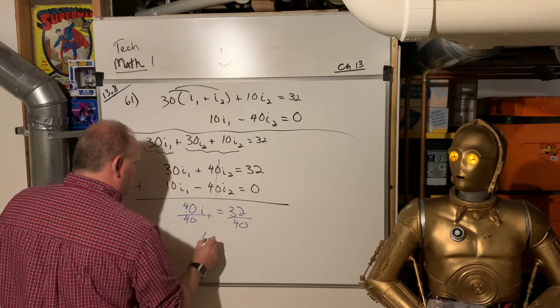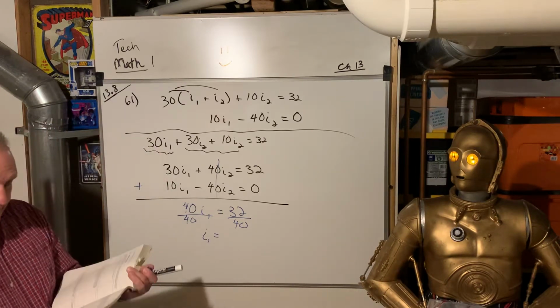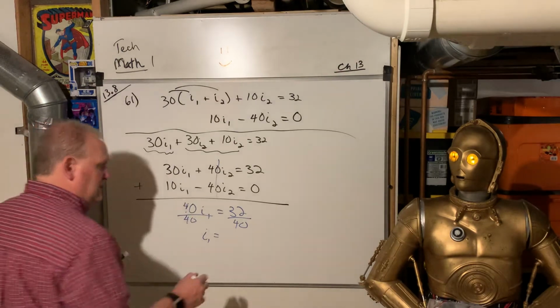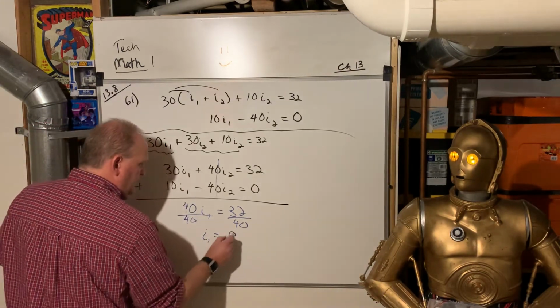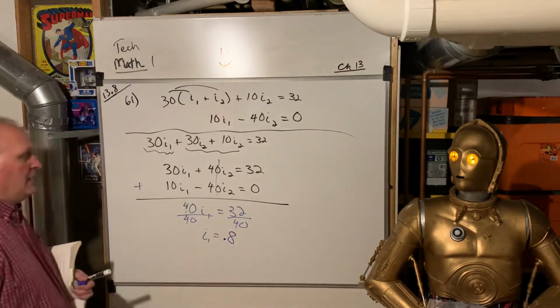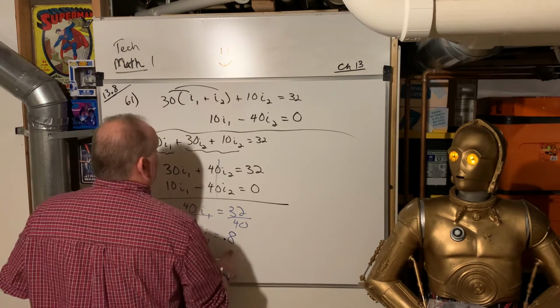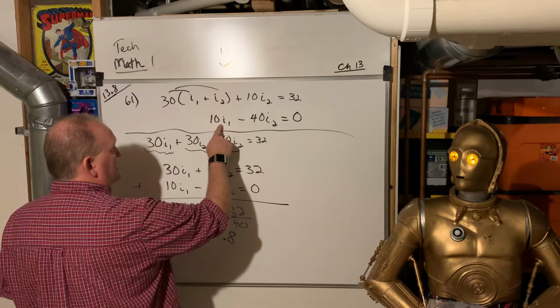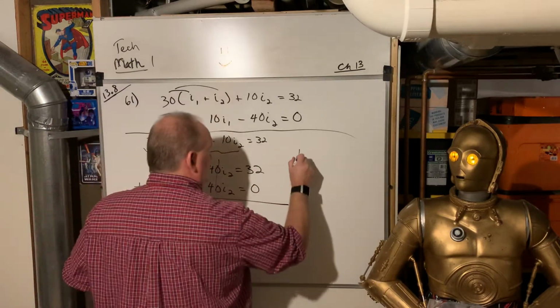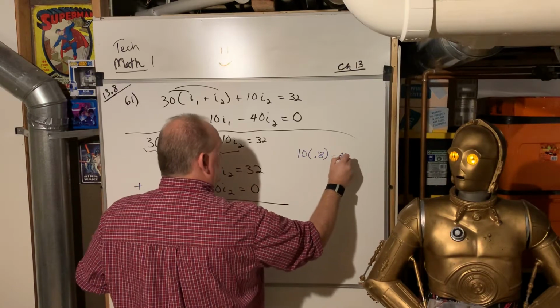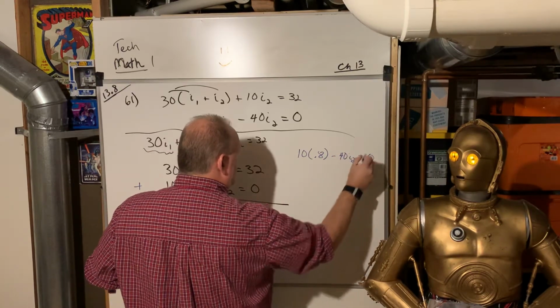So I sub 1 is going to be 0.8, when you take 32 divided by 40. Then you can take that 0.8 and put it into this equation. So 10 times 0.8 minus 40 I sub 2 equals 0.